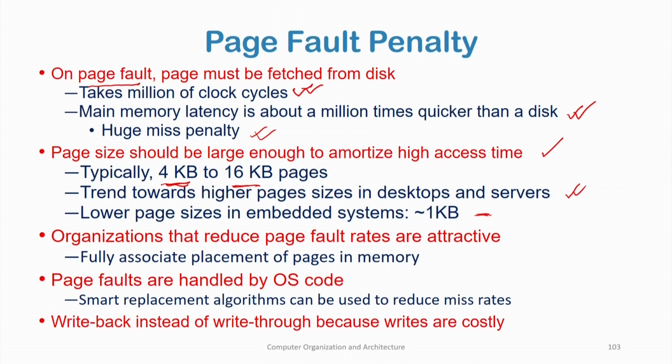However, for embedded systems, page sizes are typically lower, of the order of 1 KB. One reason for this could be that embedded systems are resource constrained. So, their memories are lower, and the bigger the page sizes, the bigger becomes the internal fragmentation of the last page.